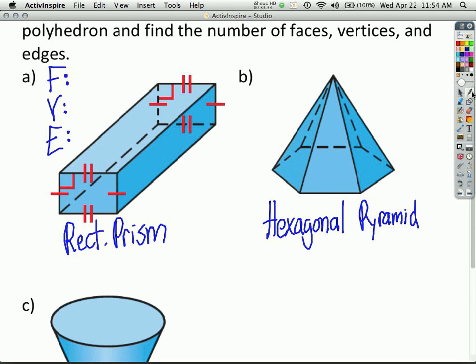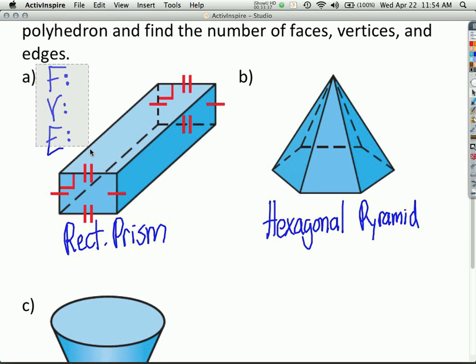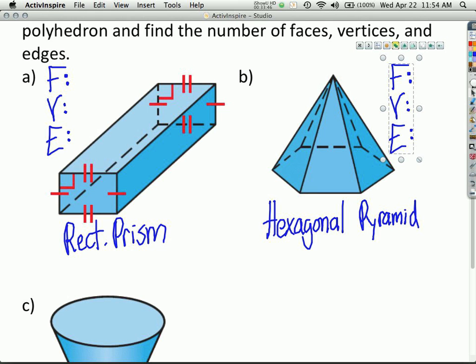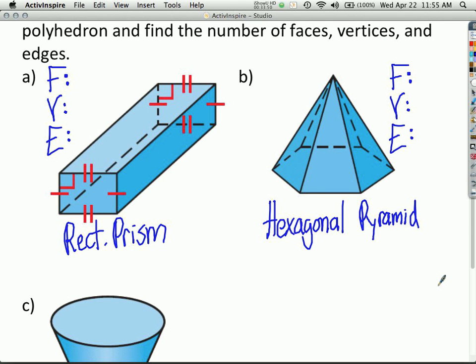So, you got a paper in front of you, count the number of faces, count the number of vertices, and count the number of edges. And again, you can mark things right on that little paper I gave you.